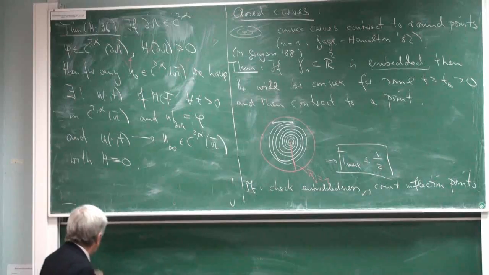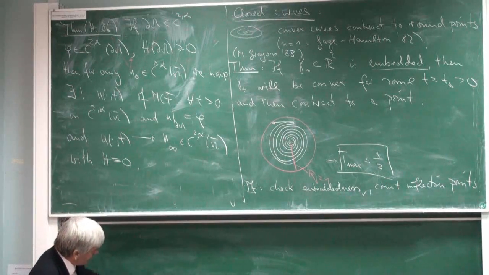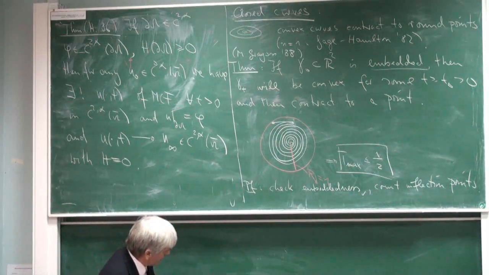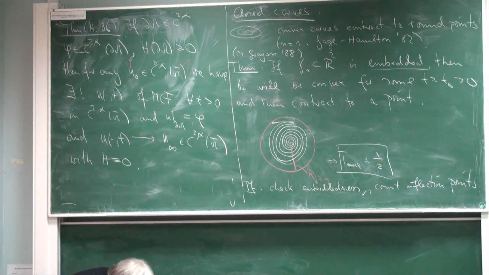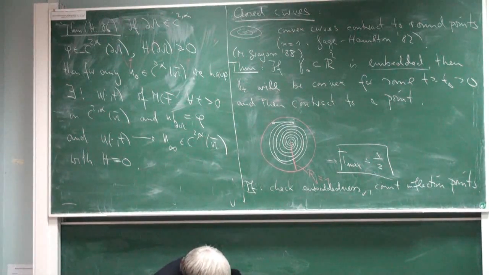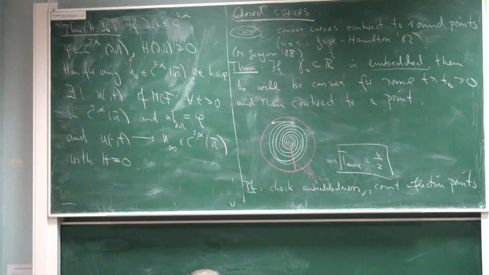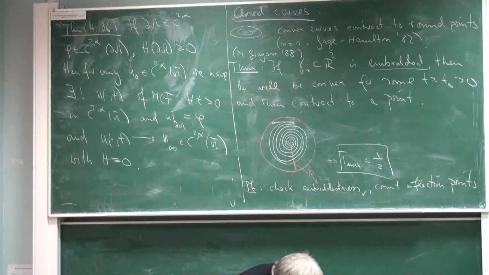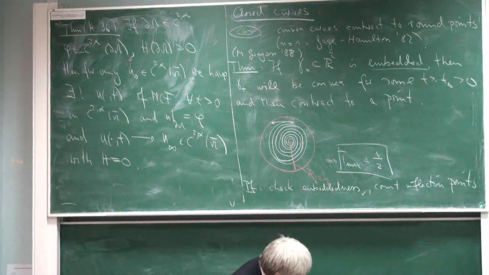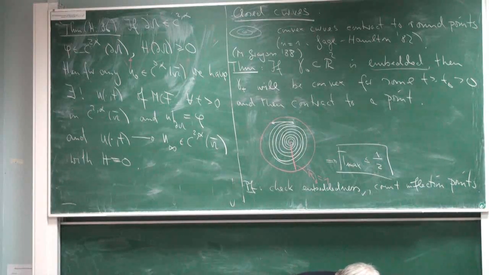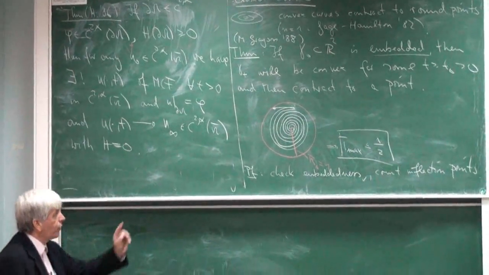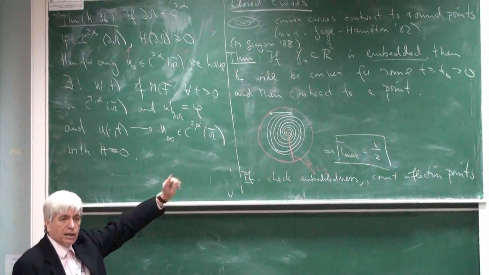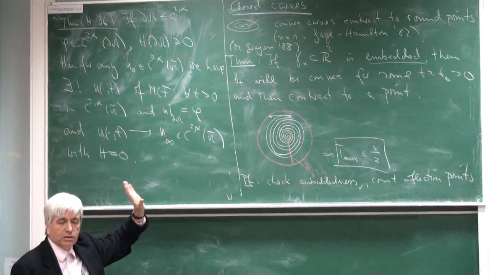And it's sort of the same spirit that was later used by Hamilton and Perelman to understand singularities of the Ricci flow. And it's also the right strategy to understand singularities of mean curvature flow and to understand this theorem of Grayson. Namely, the idea is not to follow all the unwindings of the flow.